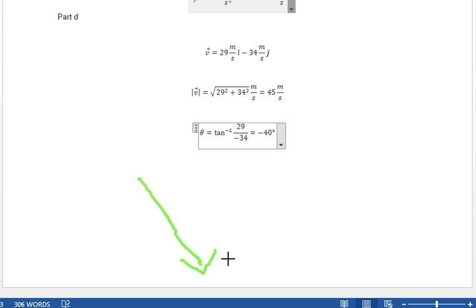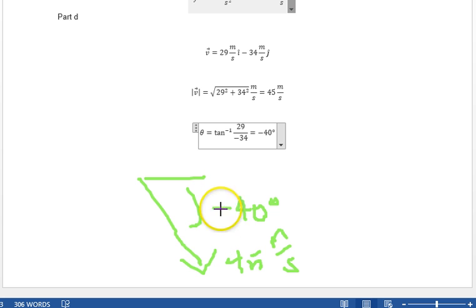It would be 45 meters per second long, right? And the angle is minus 40 degrees or 40 degrees below the horizontal. So the way I've drawn it, I need to draw that as a plus 40 degrees, right? 40 degrees below the horizontal. And that's it for part D. And we're done with this problem.